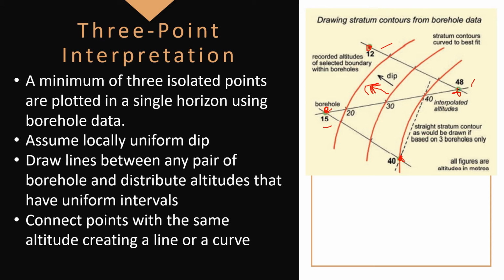So as I have observed, in the problems or the examples that I have encountered, they draw lines on the pair of boreholes that have a huge gap, or a considerable gap, in terms of elevation or altitude.